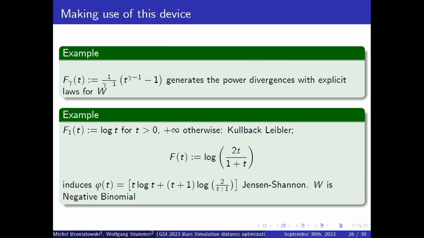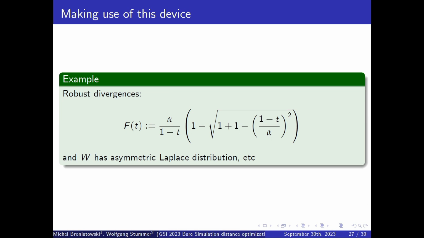If we want to go to robust divergences and minimization of robust divergences, we first can use our trick with simulation to get the minimizers, but above all, we can build up the W's, and the W's for robust divergences would be, for example, distributed as asymmetric Laplace, etc.